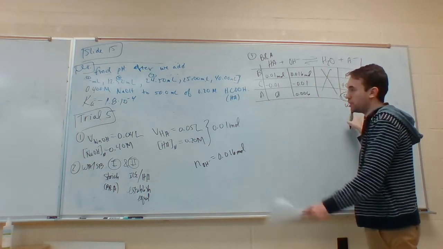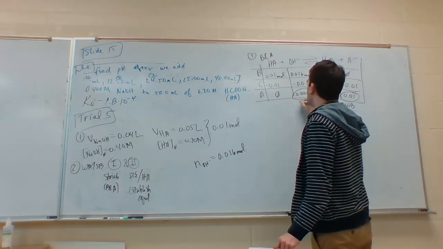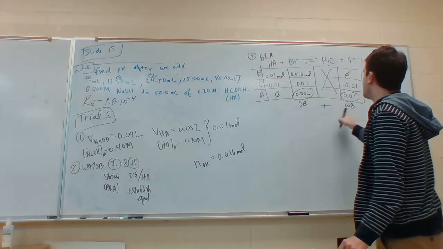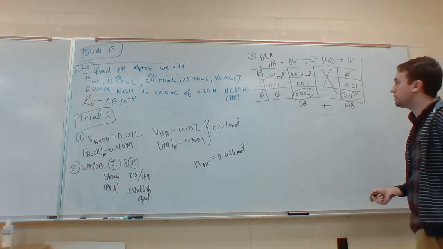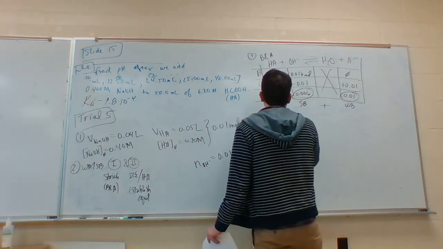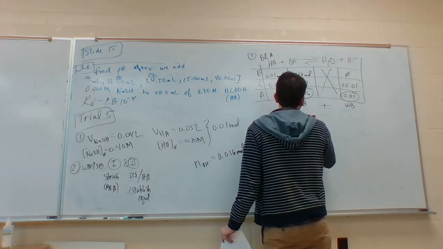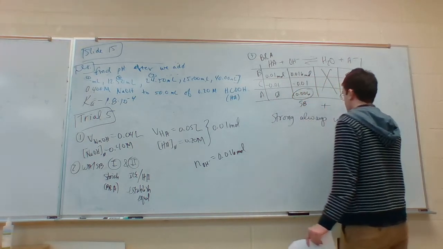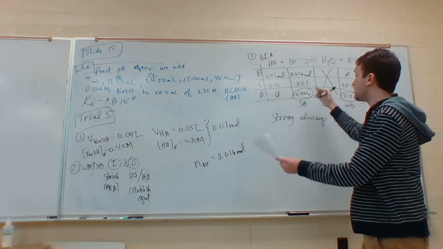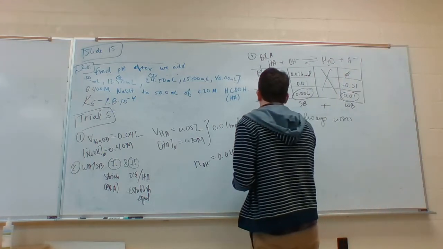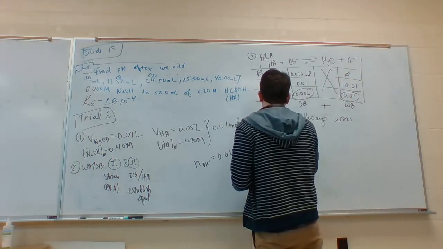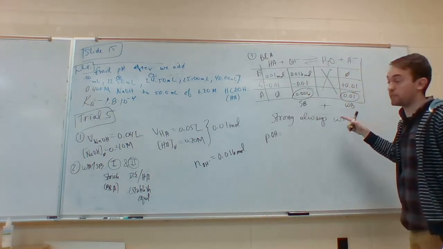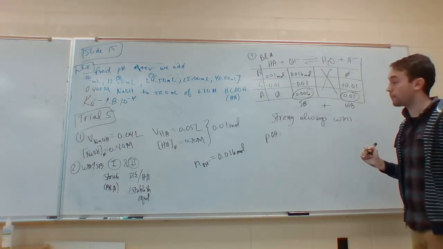So we may have to do the equilibrium, but we also have a strong base, okay? If you have these two, strong base always wins. So that means you can jump straight into calculating your pOH, because regardless of what this is, the strong base is going to dominate.